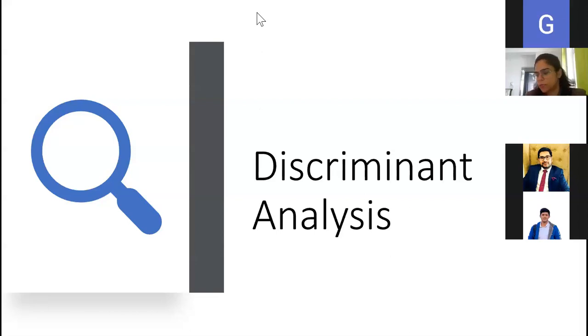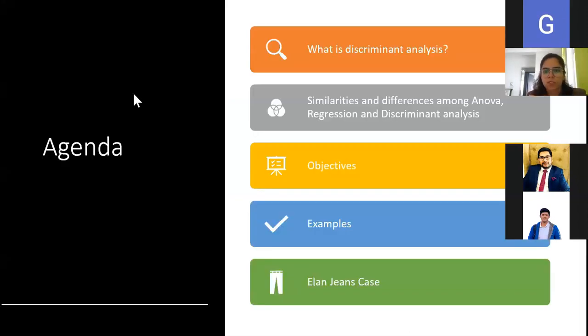Why do we do discriminant analysis? The agenda for today's discussion is to understand what discriminant analysis is, what the similarities are between ANOVA, regression, and discriminant analysis, and what the objectives of doing discriminant analysis are. I'll show you some examples.